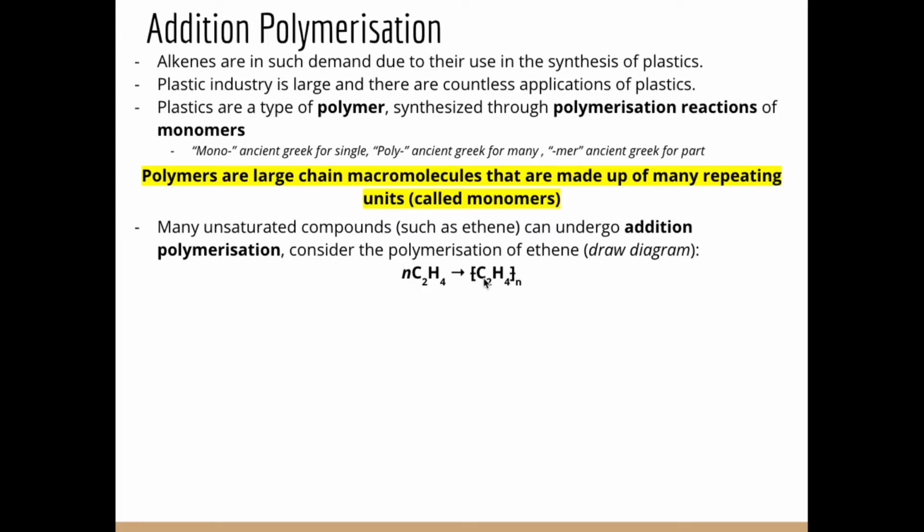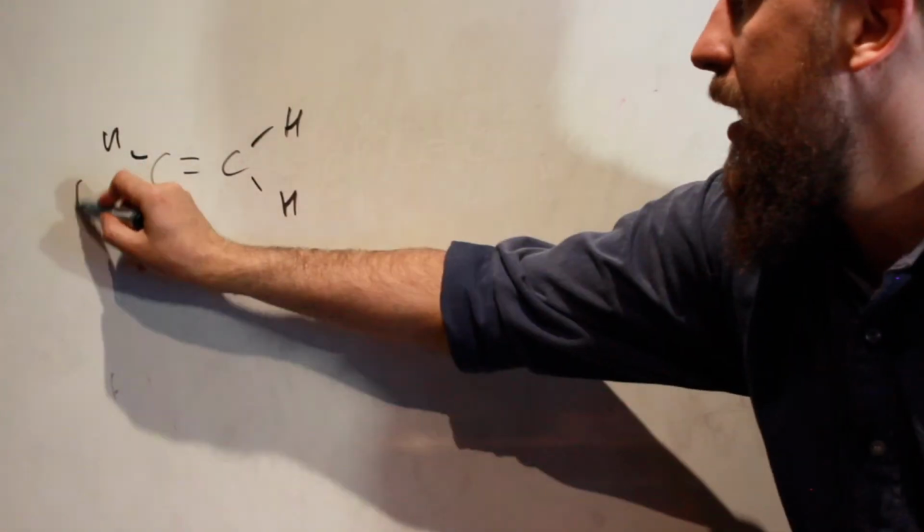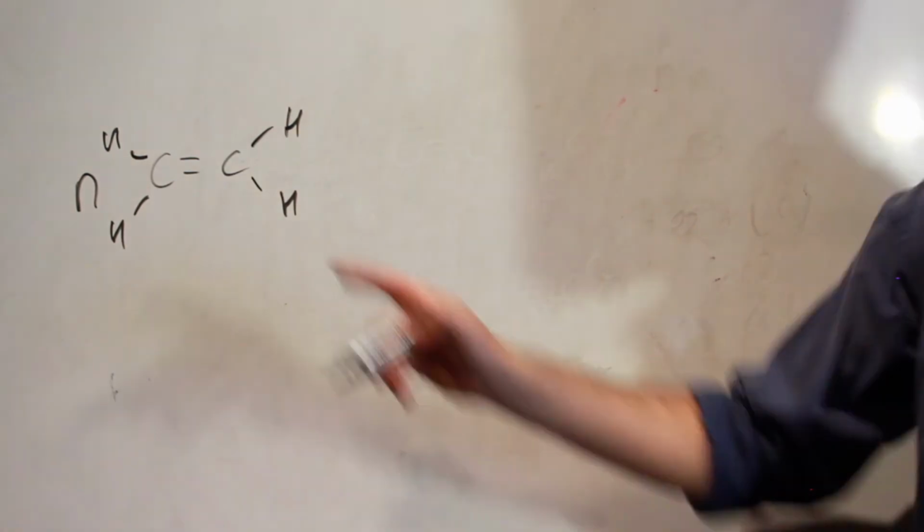We can simplify this by having our ethene molecule. The number of ethene is just N. N can mean any number. Could mean 2, could mean 2 million. And then we form this repeating structure that is our polymer, made up of many parts from our one part. So if I were to draw the diagram to represent this general equation, it would look something like this. I have N number of ethenes.